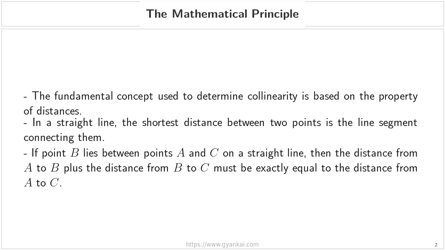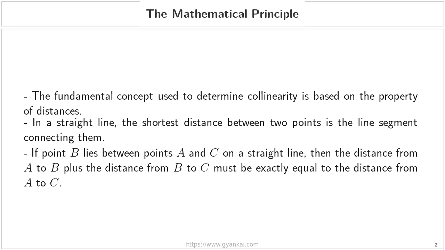If we have 3 points, A, B, and C, and point B lies directly between points A and C on that straight line, then the distance from A to B, plus the distance from B to C, must be exactly equal to the total distance from A to C. If there is even a slight deviation, the distances won't add up perfectly. We will use this exact logic in the next slide to establish our formal mathematical condition.